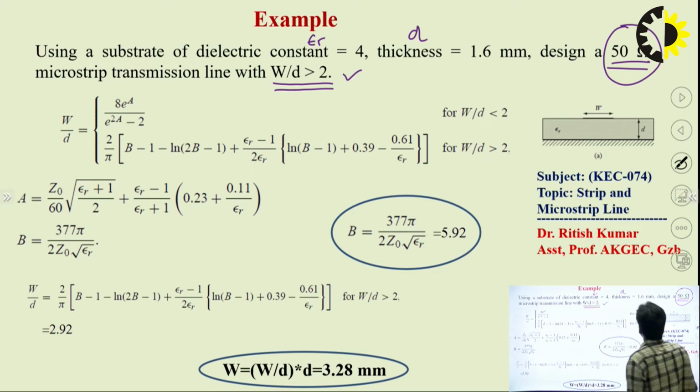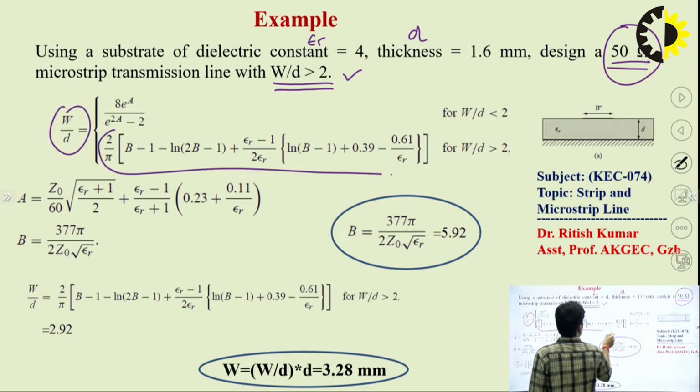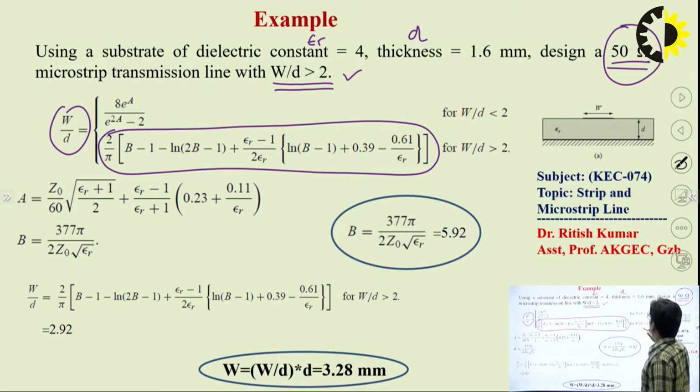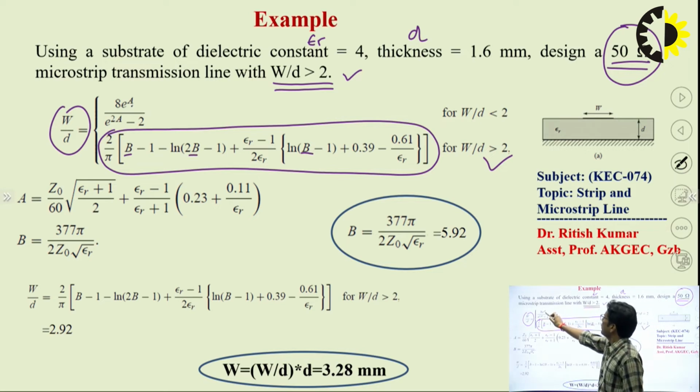From the last equations, we need to take the equation for W by D greater than 2. In this equation we have some constants. This equation mainly depends on B, and the first equation depends on A.